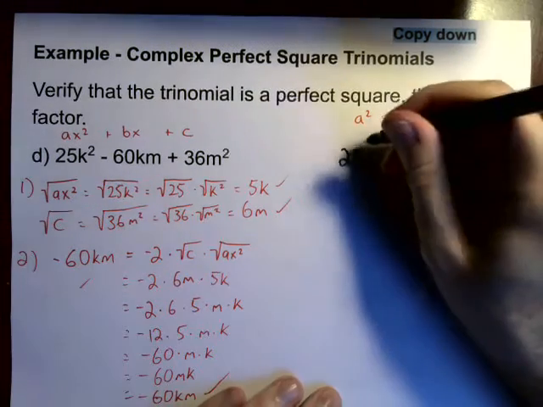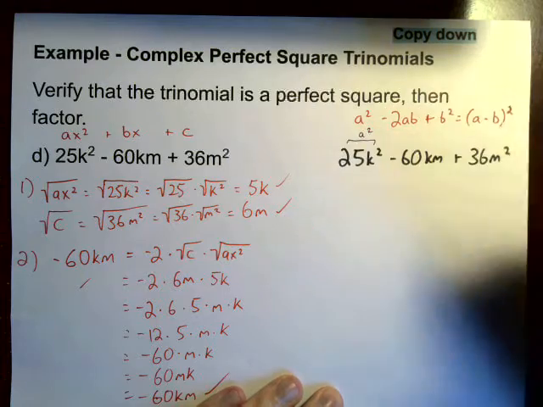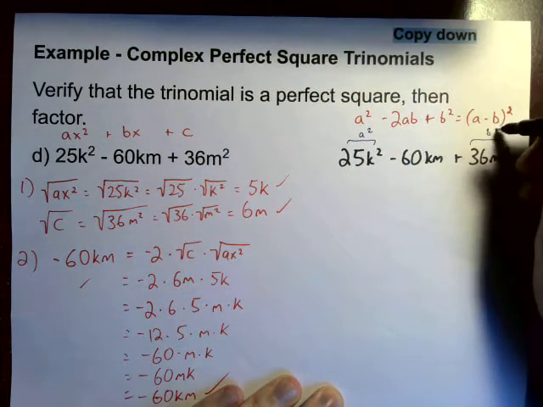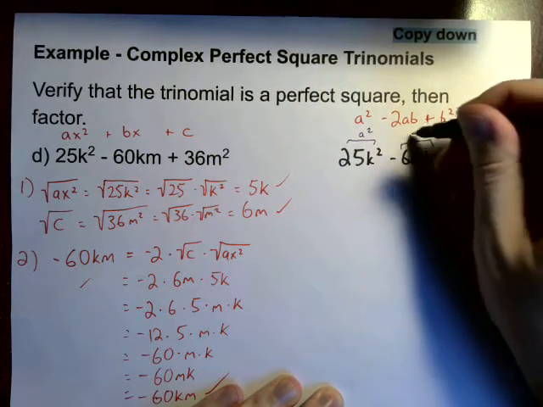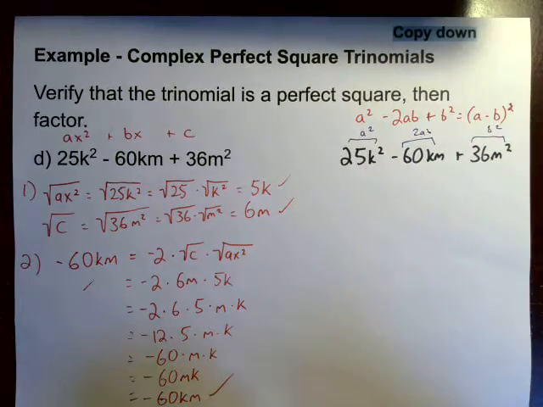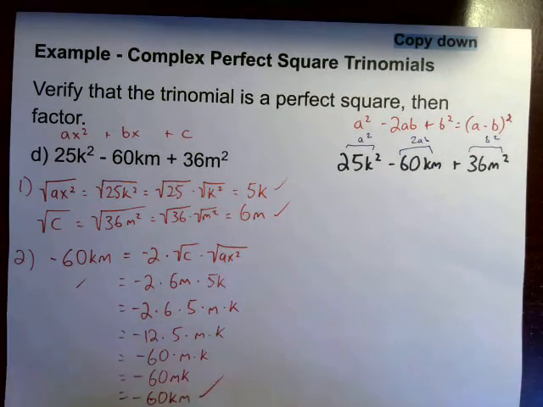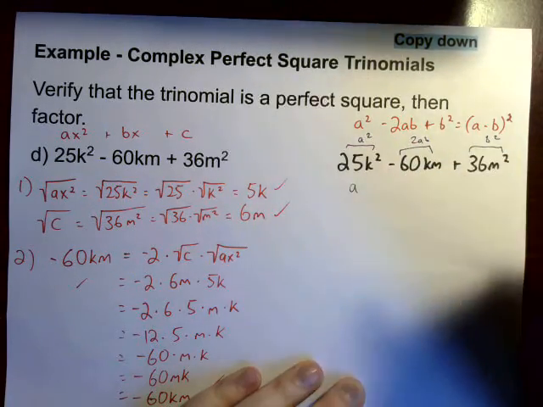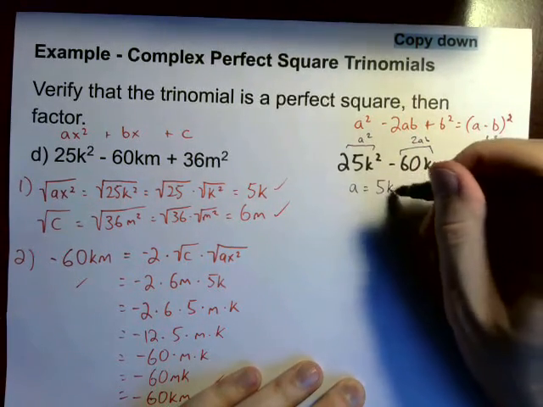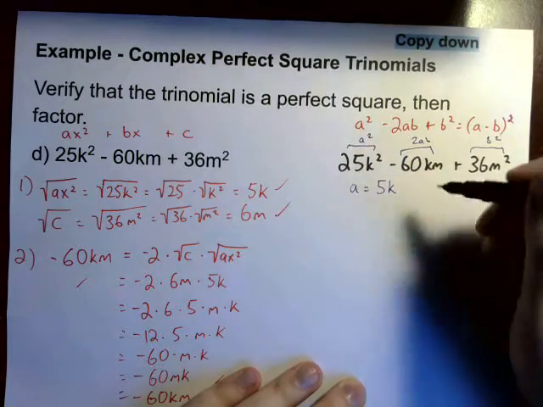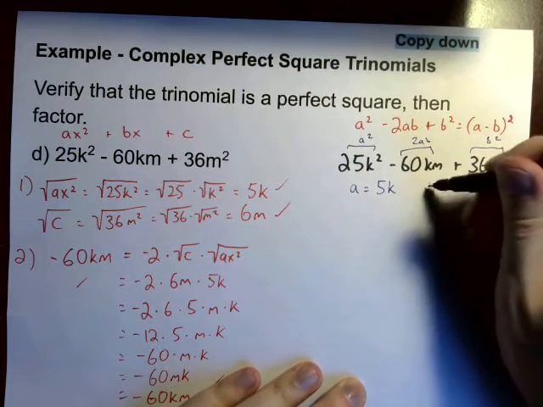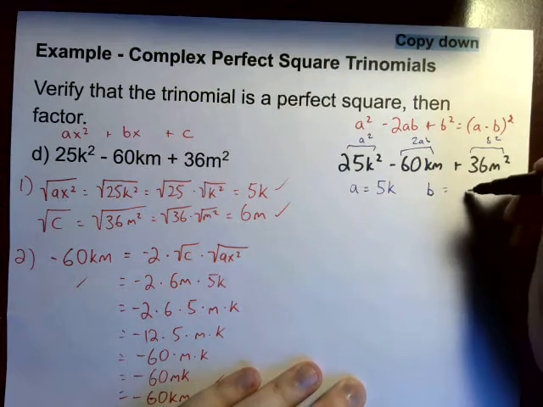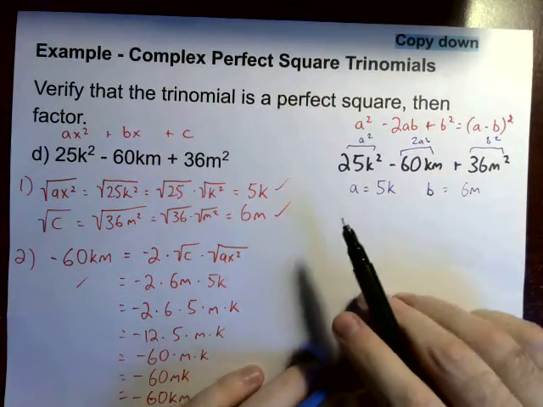So this means that this is like our a squared term, that's like our b squared term, this is like the 2ab. So it should be easy for us to pull out what the a and b values are, because we've already done that work over there. A is going to be 5k, that's this one. And then the b value is going to be 6m.